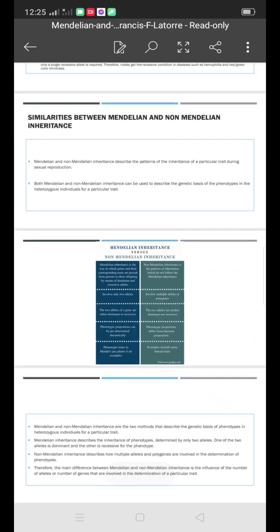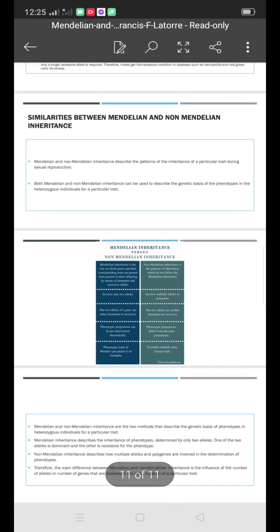So, Mendelian and non-Mendelian inheritance are the two methods that describe the genetic basis of phenotypes in heterozygous individuals for a particular trait. Mendelian inheritance describes the inheritance of phenotypes determined by only two alleles, one dominant and the other recessive.